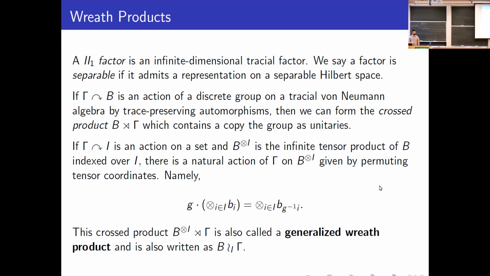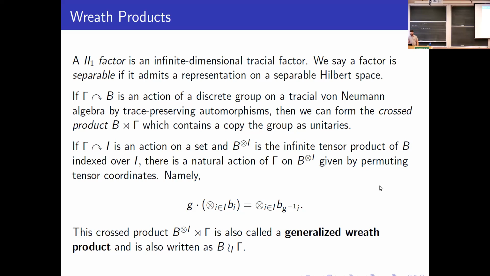Now, I is just going to be an index set throughout the rest of the talk. If gamma acts on your index set I, what you can do is take some von Neumann algebra B, raise it to the infinite tensor product indexed by I, and permute the tensors according to gamma. Technically that only defines an action on the so-called pure tensors, the things that are b1 tensor b2 tensor b3 inside the tensor product. But this extends linearly, because you can form a basis of tensors like this, and you can use continuity to define it on everything.